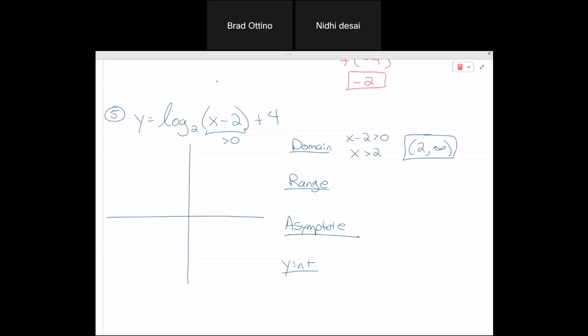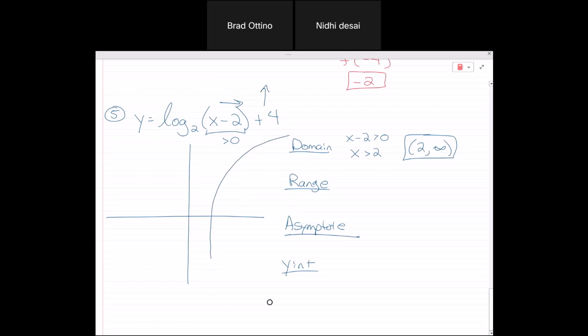We usually get the range by looking at the graph. So we know that the log graph usually looks like this. If you put -2 on the inside of the graph, what does that do to the graph? It goes to the right. We're going right 2, and then we're going up 4. So we're going to move this graph to the right 2, and then lift it up 4. It's going to look something like this.